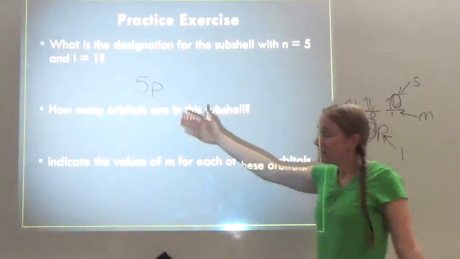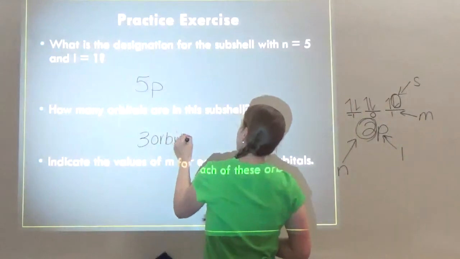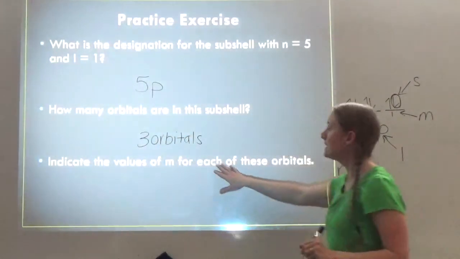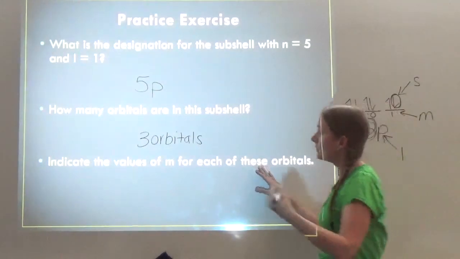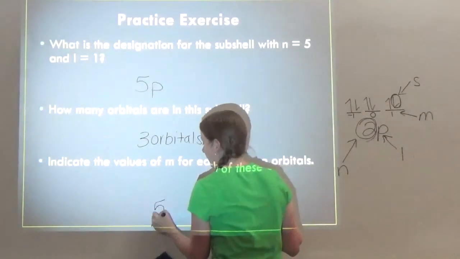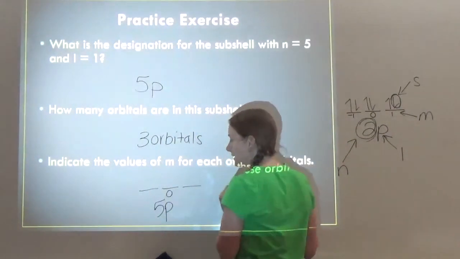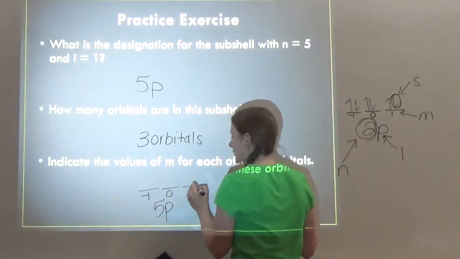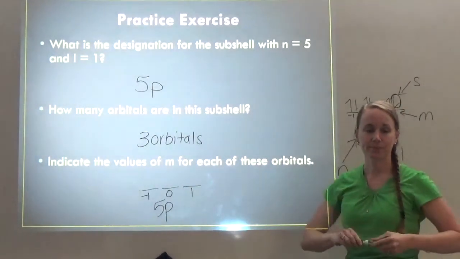Well, every p sublevel has 3 orbitals. Then it says indicate the value of m for each of these orbitals. So remember, m is where we would have our 5p, our 3 orbitals. The middle one's 0, to the left is negative, and to the right is positive. So it would be -1, 0, and 1.